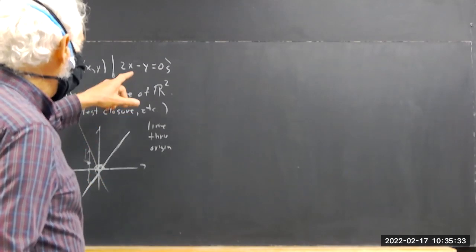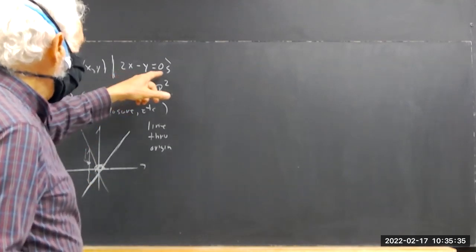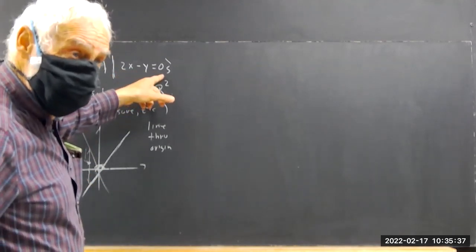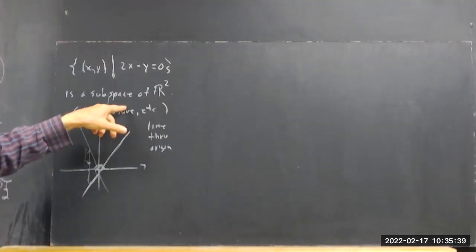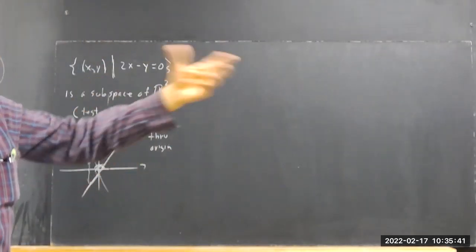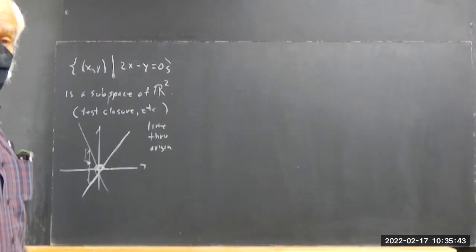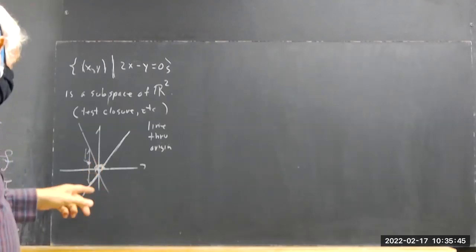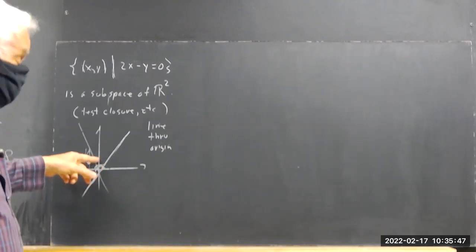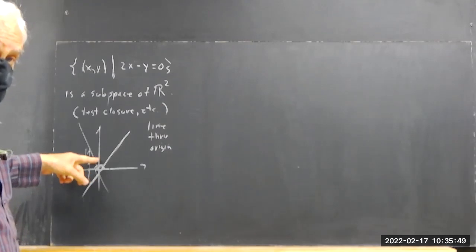If the equation is 2x minus y equals 1, then your test for closure wouldn't work, just like it didn't work for the matrices when we had a 1 there. In geometric terms, both of the graphs would go through the point 0, -1, wouldn't they?